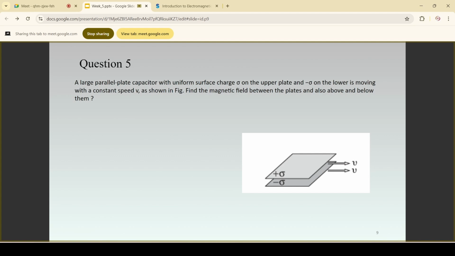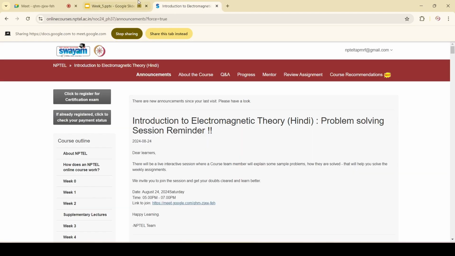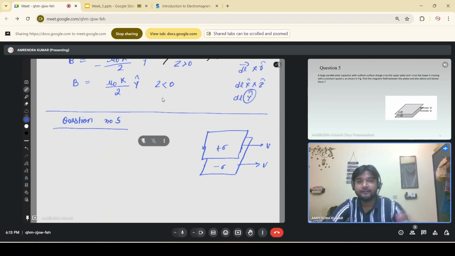We have just seen that if a charged plate has some current density, we can easily calculate the field. First, what will be the current density here?